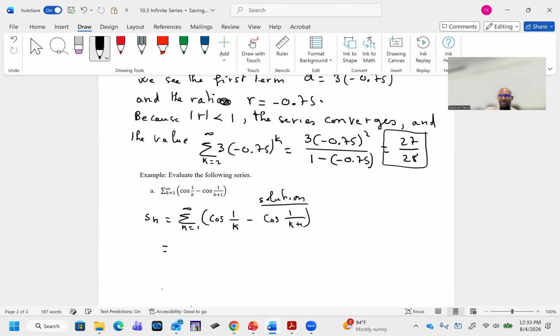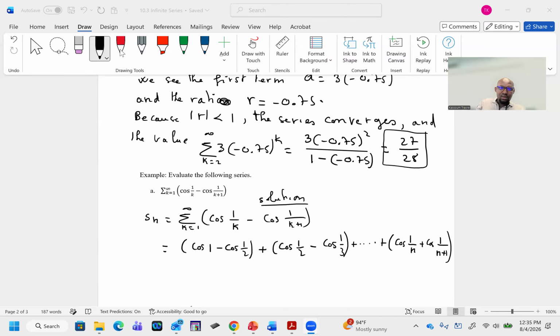If k is 1, we'll have 1 divided by 1, which is cosine of 1 minus cosine of 1/2, plus if k is 2, cosine of 1/2 minus cosine of 1/3, plus this will keep going until n: cosine of 1 divided by n minus cosine of 1 divided by n plus 1. Let me write this one correct.